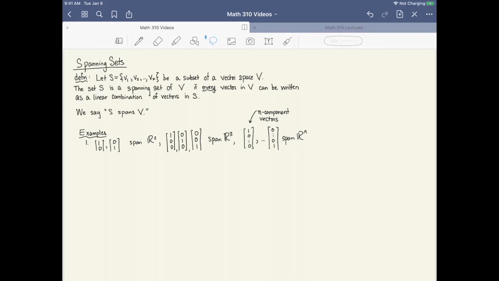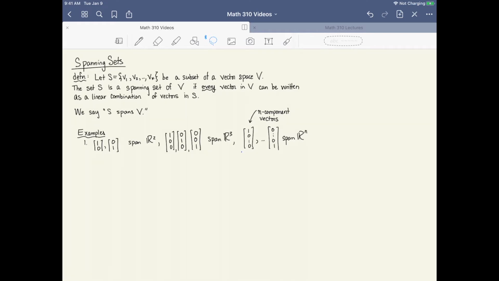And if you take Rn, then the set of what are called standard unit basis vectors, although I have not defined a basis yet, span Rn. These are vectors that have a 1 in the ith spot and zeros everywhere else. It should be fairly obvious that you can take any vector in Rn and write it as a linear combination of these.